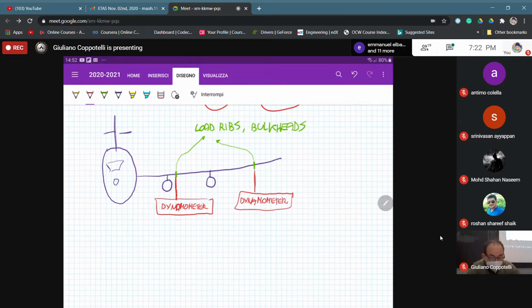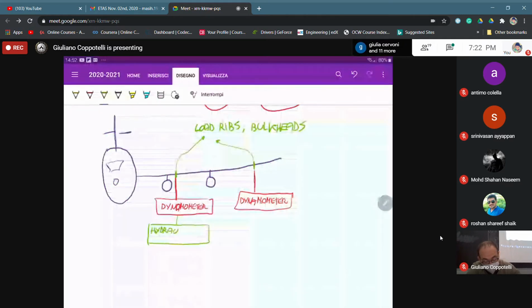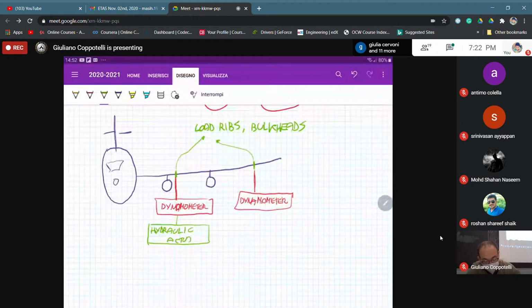This dynamometer is receiving a signal, the amplitude, from, let's say, a hydraulic actuator like this.